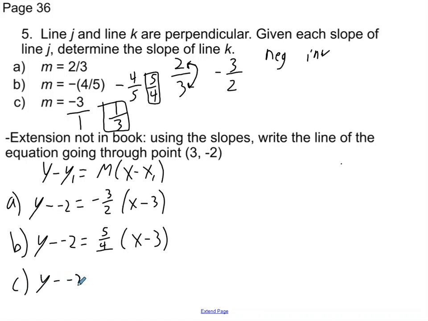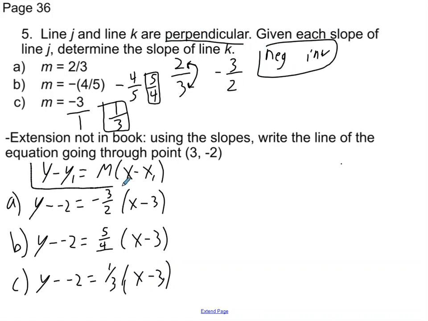Y minus -2 equals the slope of 1/3 times x minus 3. So to do these problems, I take the negative inverse if it says perpendicular, and then I write the point-slope equation right here. I'm going to be given a point. I put that in for x1, y1, and I take the negative inverse and I put it in for my slope here.